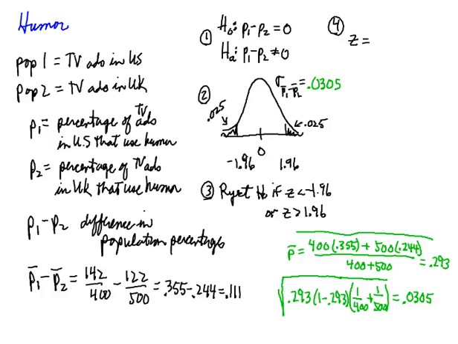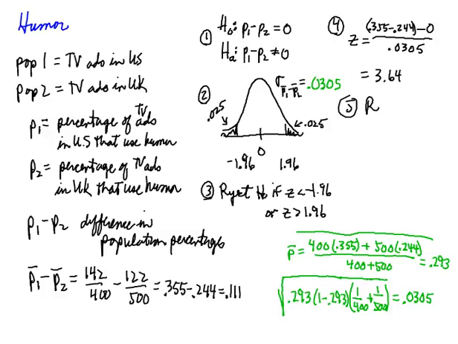And that is going to be my sample difference, 0.111, subtract what I'm testing against, 0, divided by my standard error, and that gives me 3.64.